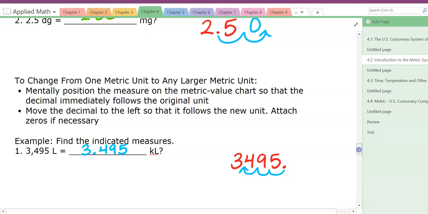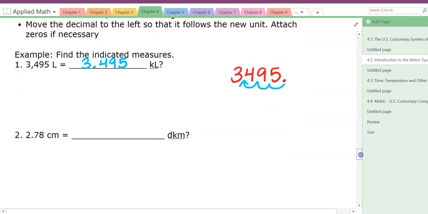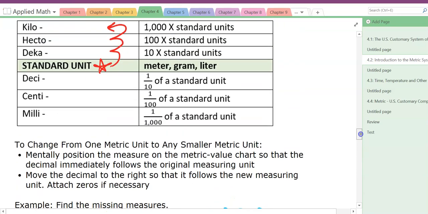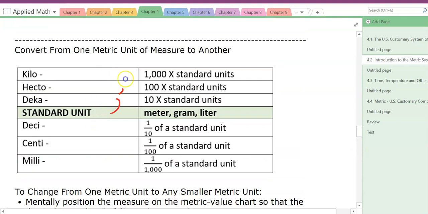So for the last one on this page, number 2, I have 2.78 cm. What's cm stand for? Centimeters. So let's come back up here. I'm starting at centimeters. I'm trying to go to DKM. What does that stand for, you think? DK would be for deca.